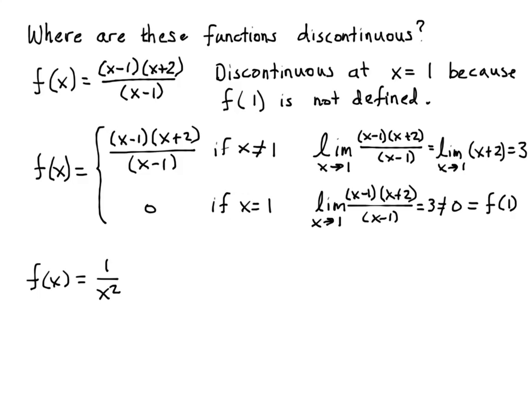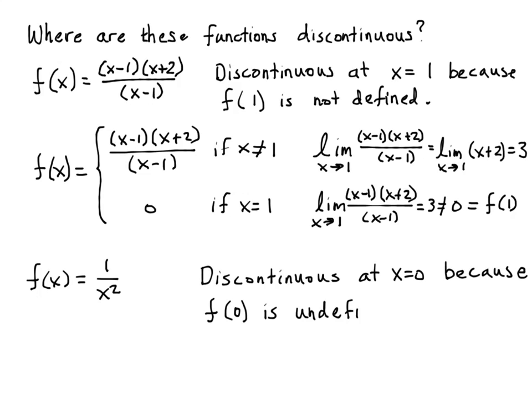Now, remember what this toolkit function looks like when you graph it. You're going to have essentially something that looks like a volcano, with two sloping sides and a gap in the middle. Since we don't have f defined at 0, we say it's discontinuous at 0 because f at 0 is undefined.